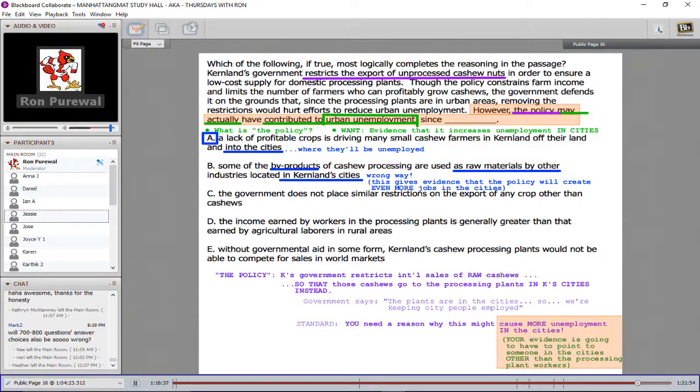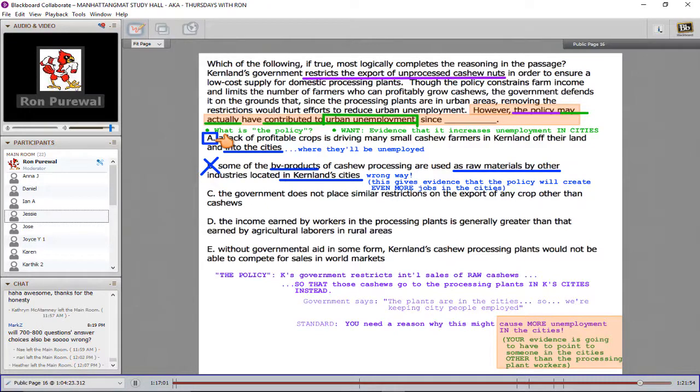So this is exactly backwards. Almost half as many of you picked B as picked A. So B is relevant, but it's backwards.